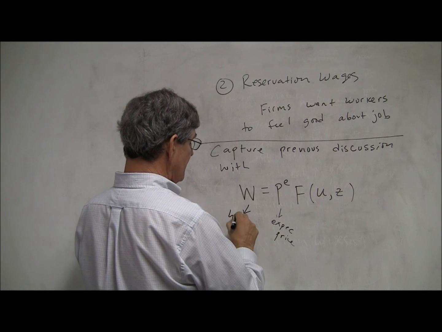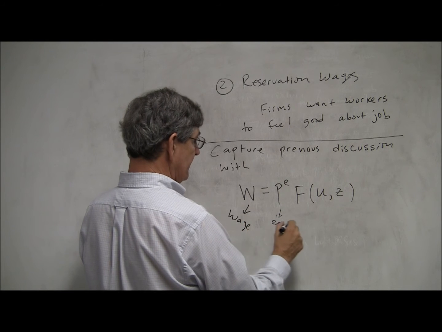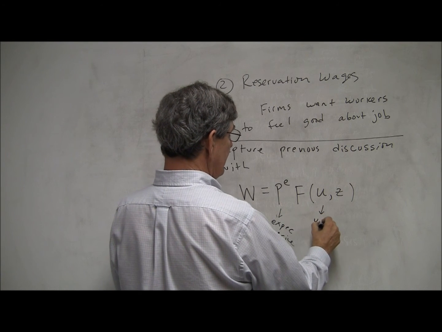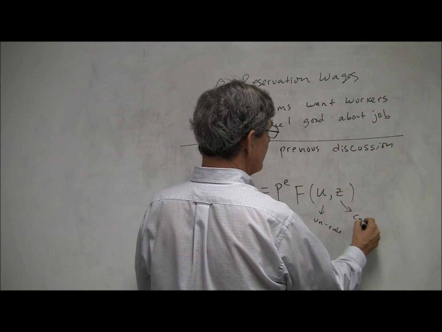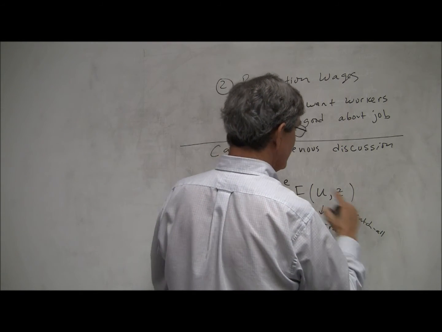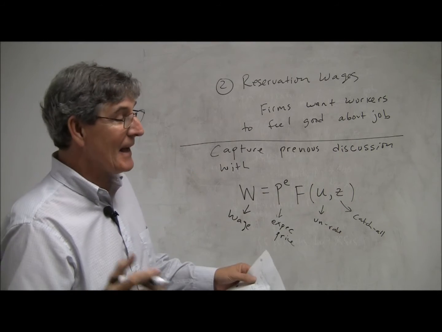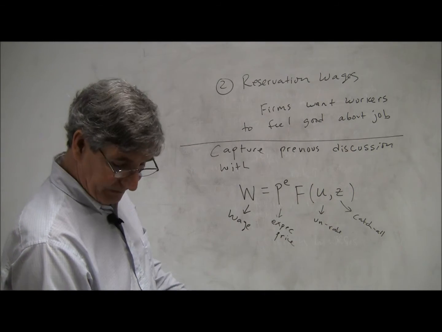This is the wage that you earn, the nominal wage. This is the unemployment rate. And this is a catch-all term. And we'll talk a little bit about some of the things it catches in a second.